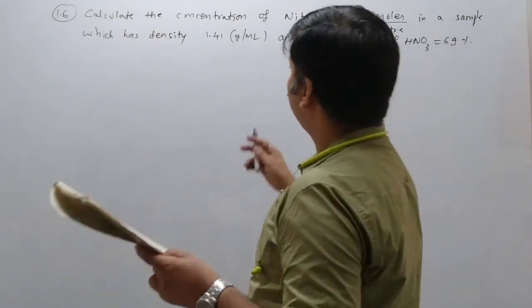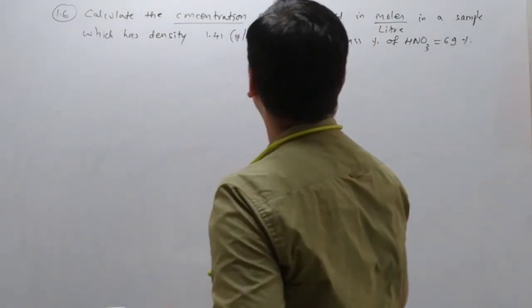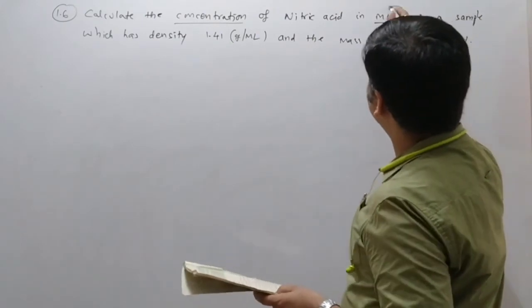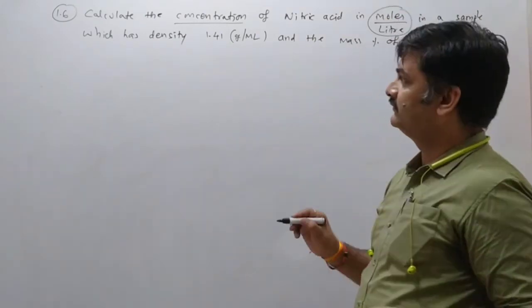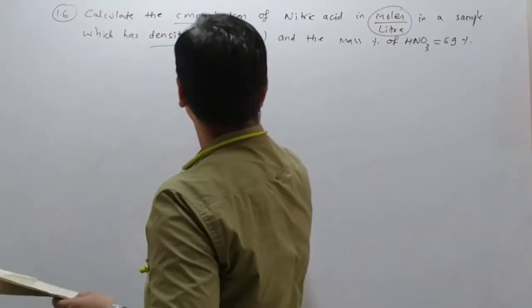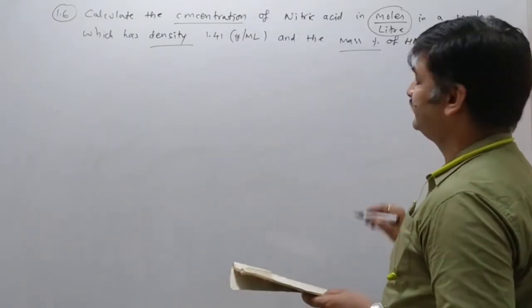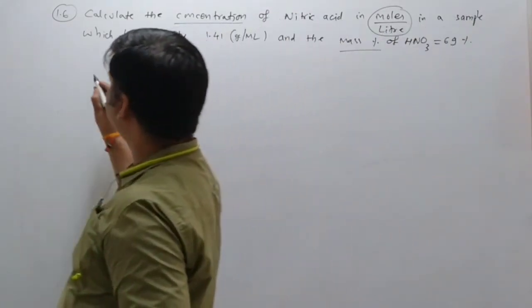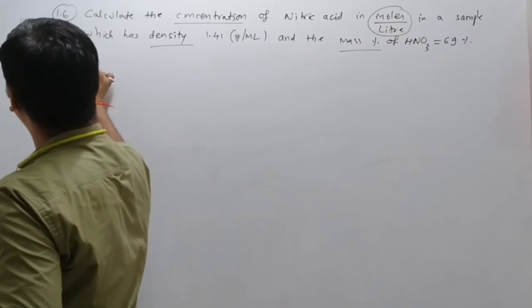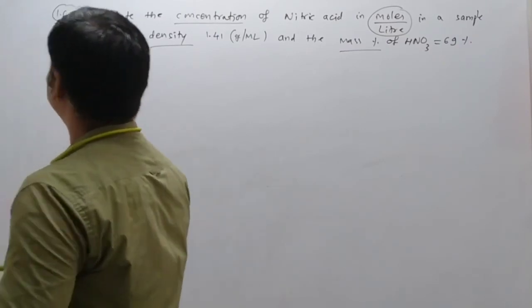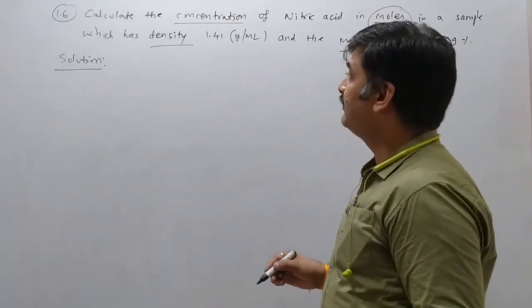Here we have to calculate the concentration of nitric acid. Moles per liter means molarity. Density is given, and then mass percent. If the percentage basis is not specified, then you have to take weight by weight.